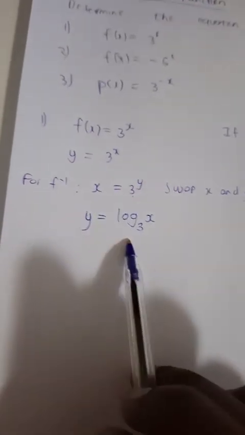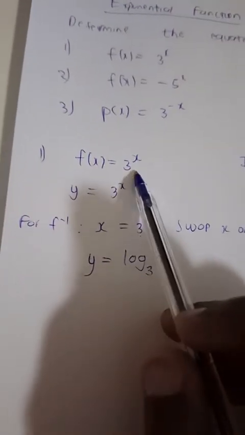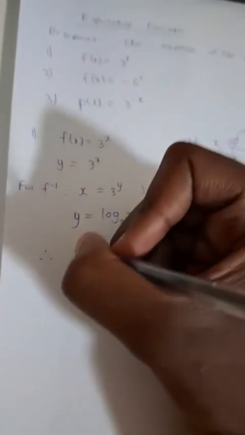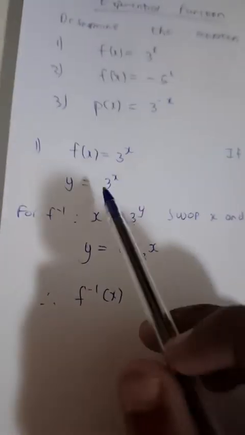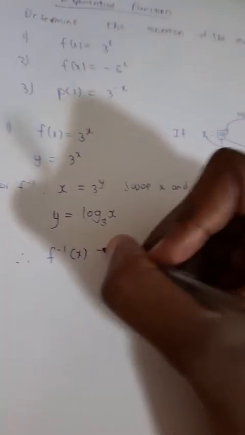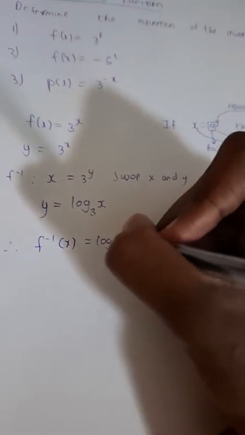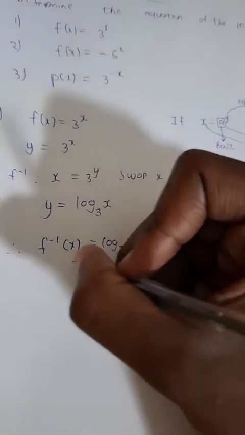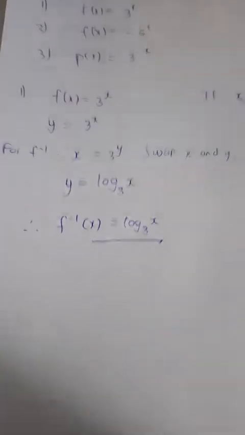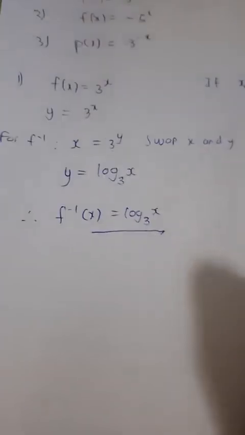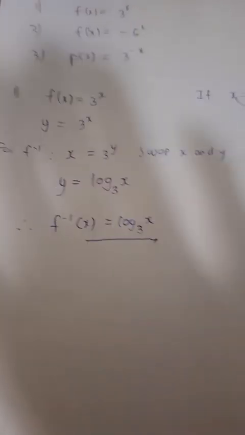So this here, guys, is the inverse of the function f of x is equal to 3 to the power x. We can then conclude that the inverse of 3 to the power x is equal to log x base 3. This is grade 12. Okay, guys, I hope that is very nice and smooth.